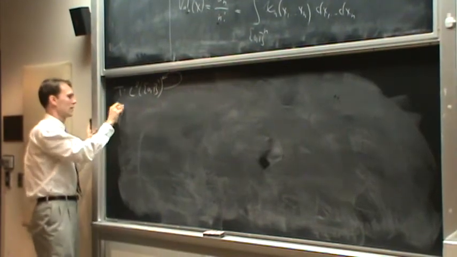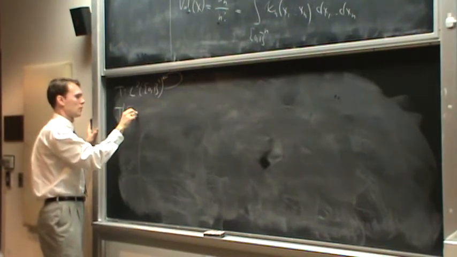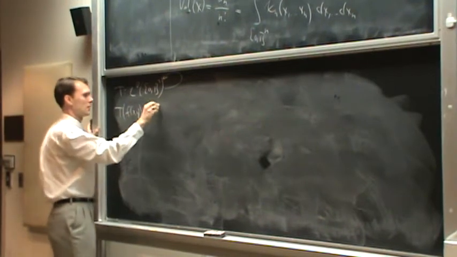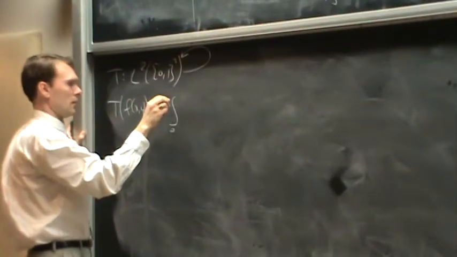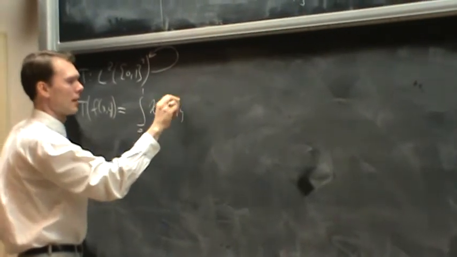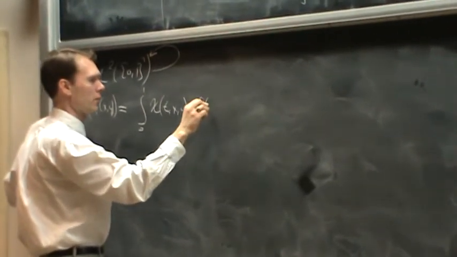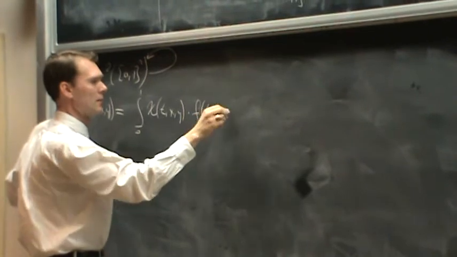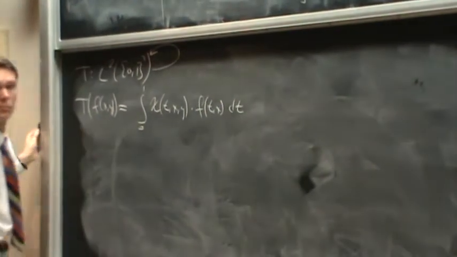And this is defined by T f of x, y equal to the integral from 0 to 1 of chi t x y times f of x, t dt.